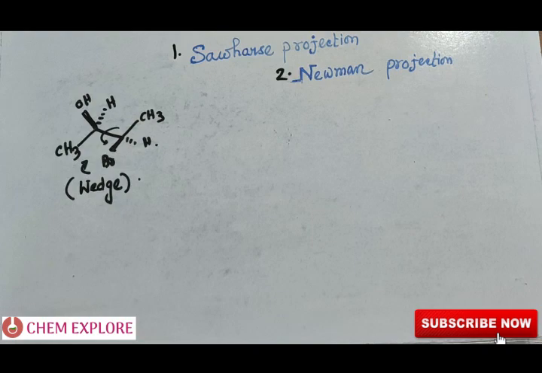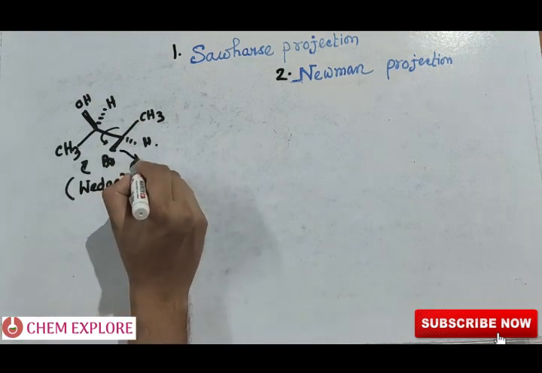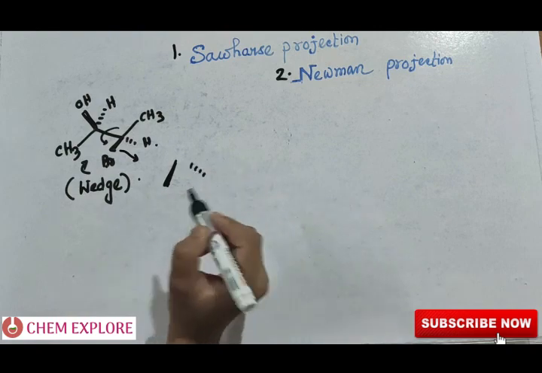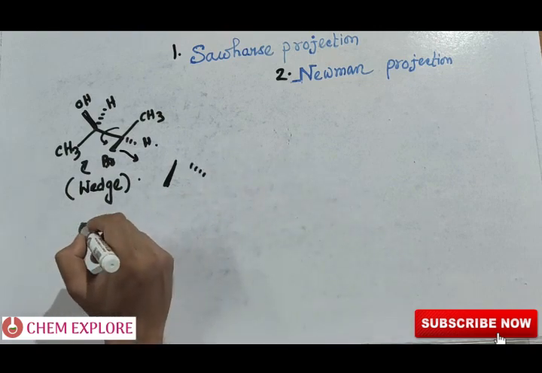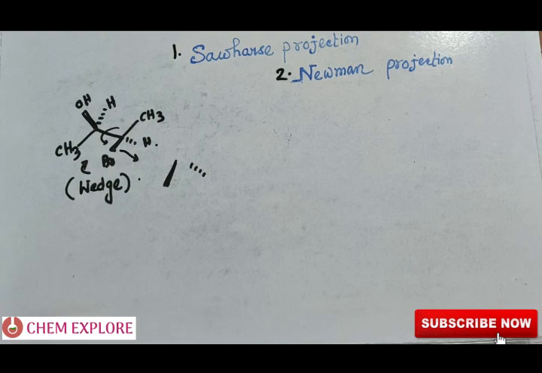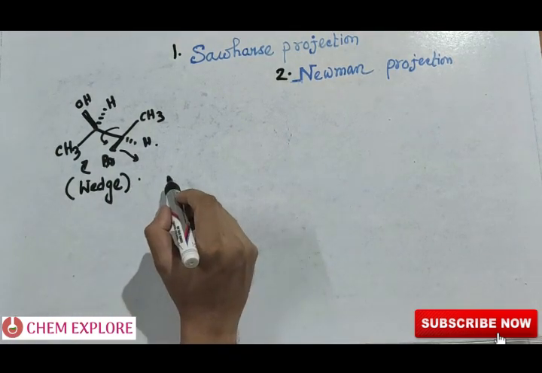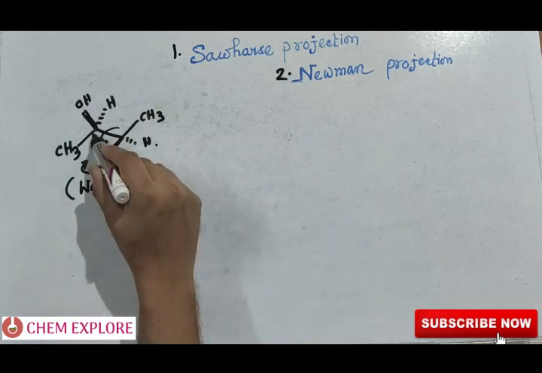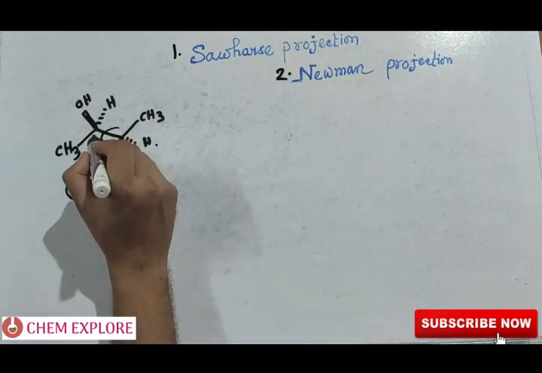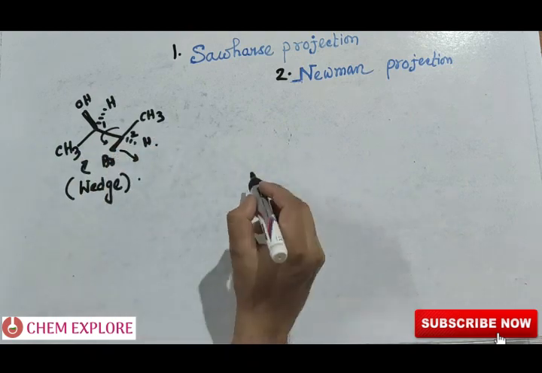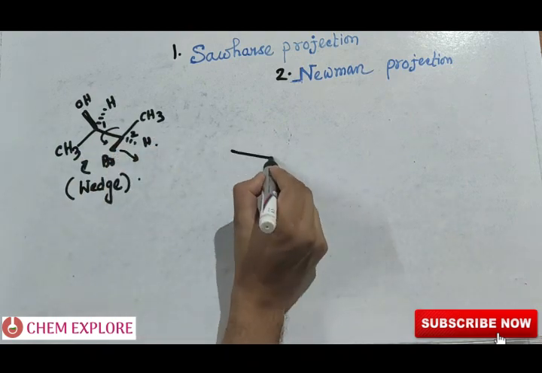We're not going to use this dash, this beta bond or alpha bond concept. Instead of this bond, हम लोग क्या use करेंगे? Just a simple bond. We can number this carbon as 1 and this as 2. So we can draw it like this, 1 and 2.